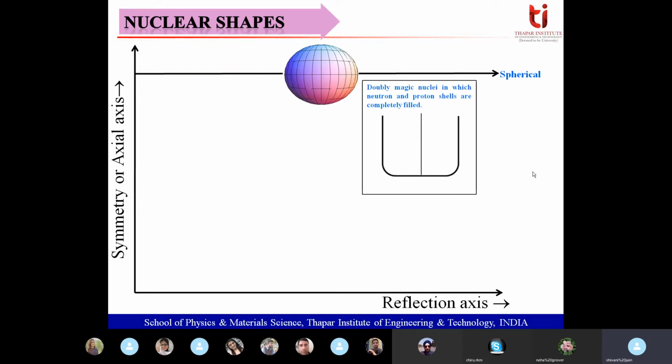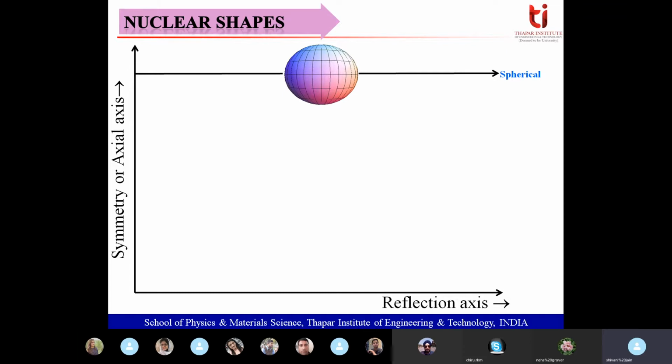These shapes generally come in the doubly magic nuclei in which the neutron and proton shells are completely filled. When the neutron and proton numbers deviate from the magic number, the spherical shape gets deformed. There are many deformed nuclei which are discovered experimentally and theoretically. The first one is quadrupole deformed nuclei.